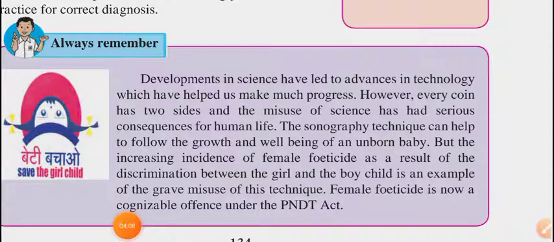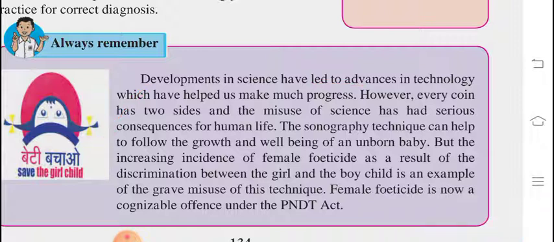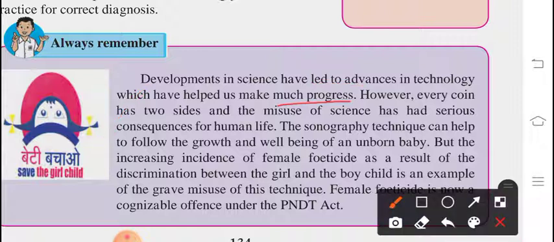This one is the extra knowledge thing, Beti Bachao, the girl child. In that, this machine is useful, but due to some problems, like I am reading it, please go through it. Development in science has led to advances in technology which have helped us to make much progress. However, every coin has two sides. The misuse of science has had serious consequences for human life.